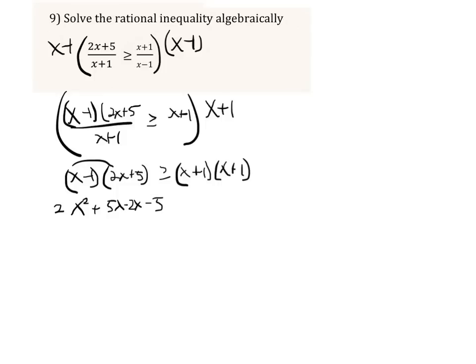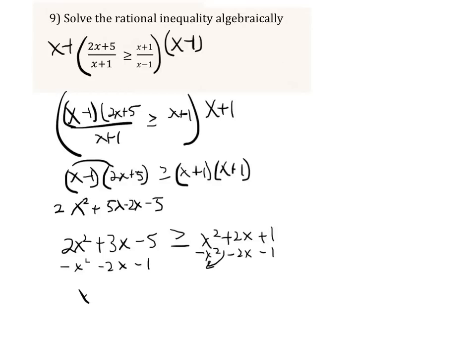So then I get 2x squared plus 3x minus 5 is greater than or equal to x squared plus 2x plus 1. Then I'm going to bring this side over. I'm going to subtract x squared, subtract 2x, and subtract 1 from both sides. So I get x squared plus x minus 6 greater than or equal to 0.